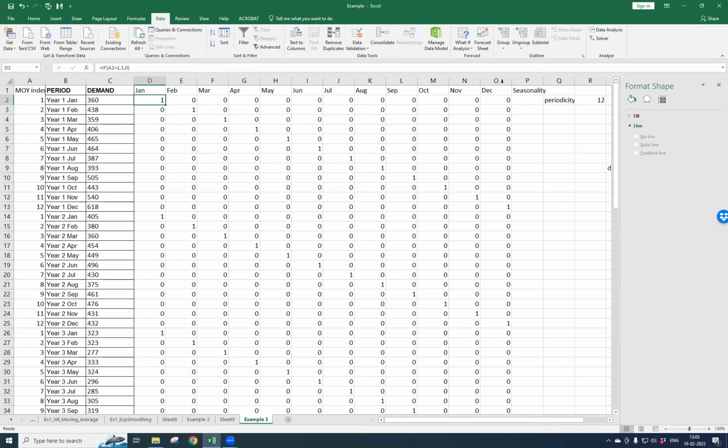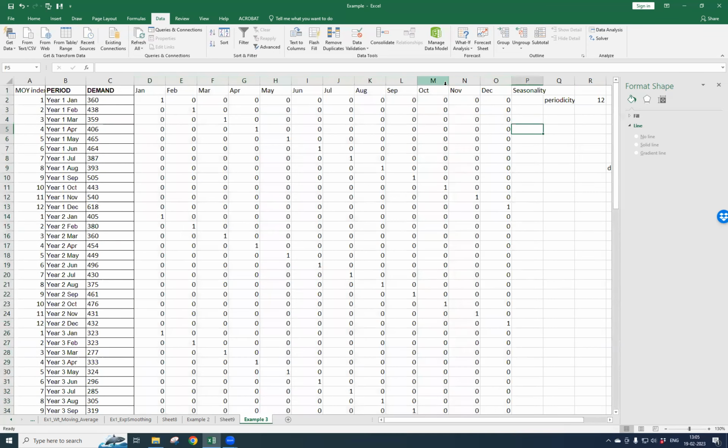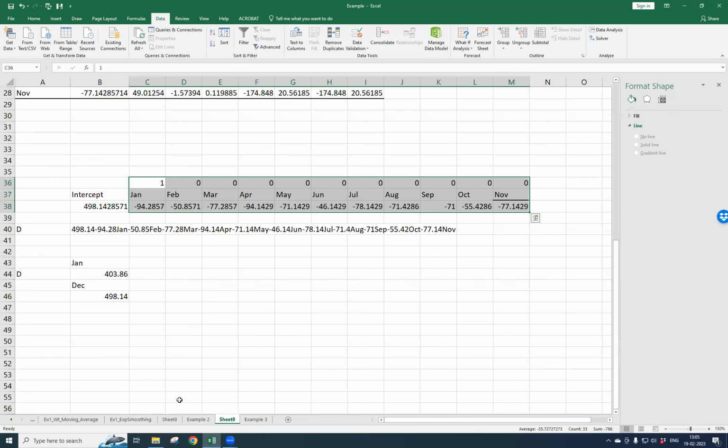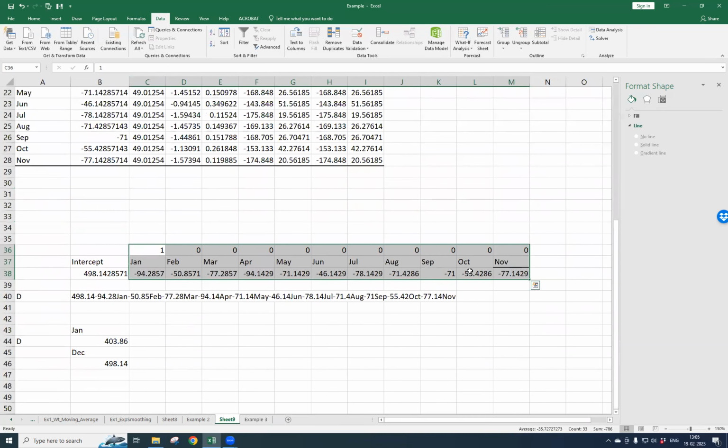Then when you are running your regression, if there are n such categories, you are going to have n minus 1 variables in your regression. Once you have run that, focus on the coefficients, and write your equation like this. If you have to calculate the average forecasted demand for a particular month, substitute the value 1 for that particular month and zeros everywhere else.